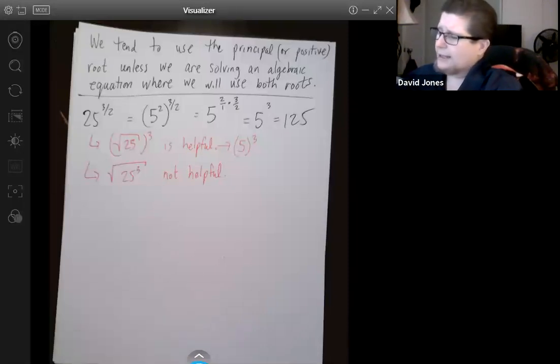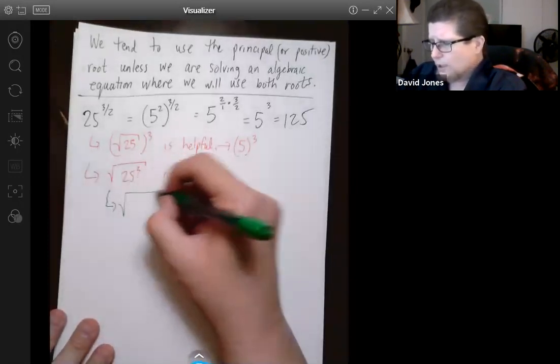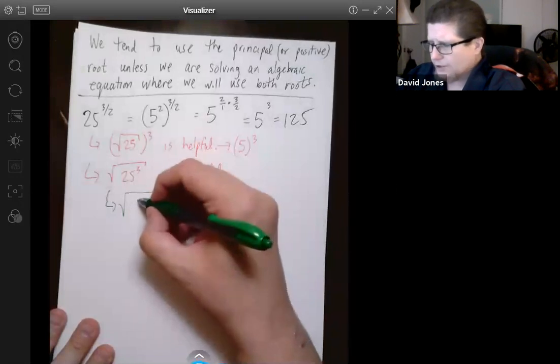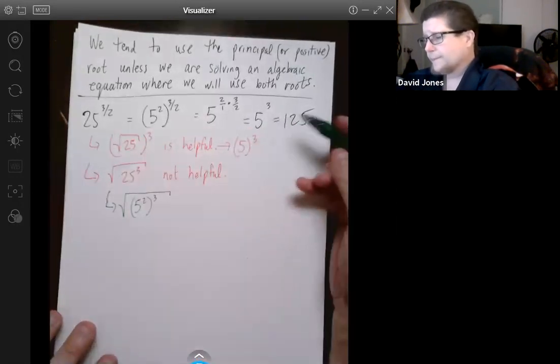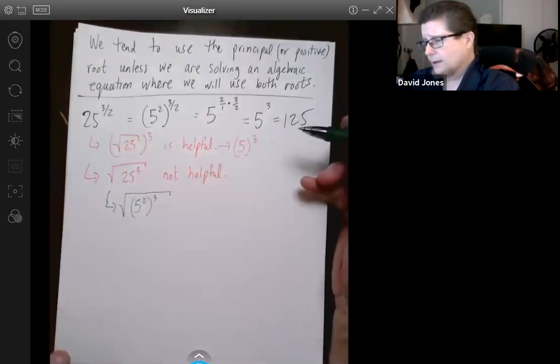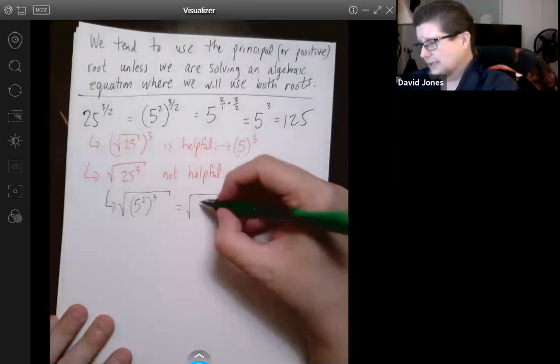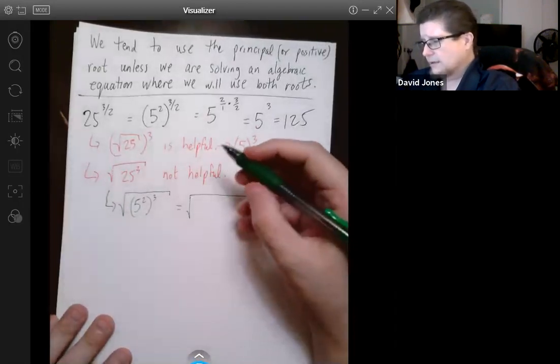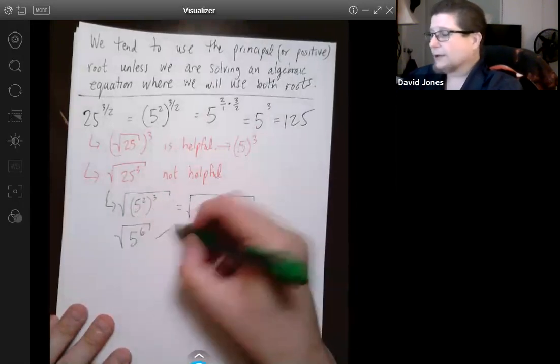If you have something like that, I would rewrite the 25 as 5 squared, cubed, like that. And what this means is, well, I multiply exponents. I get 5 to the 6th power.